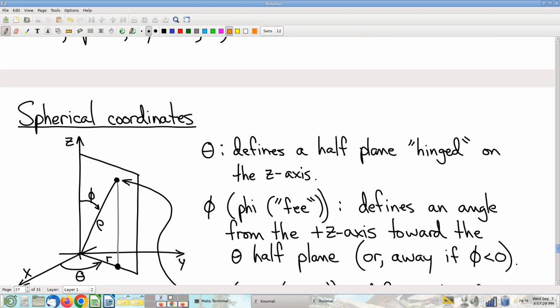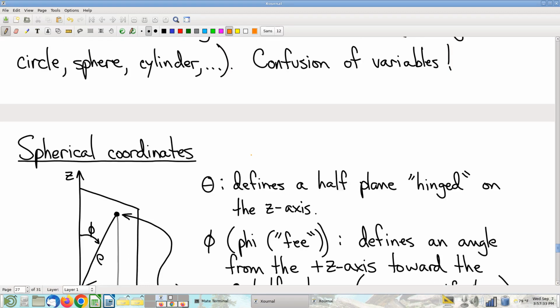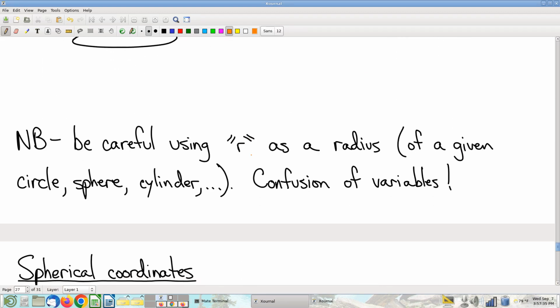Okay. Yes? I'm kind of confused because I thought that r kind of did represent the radius. Well, it is a radius in a sense, right? It's a radial distance away from the z-axis.